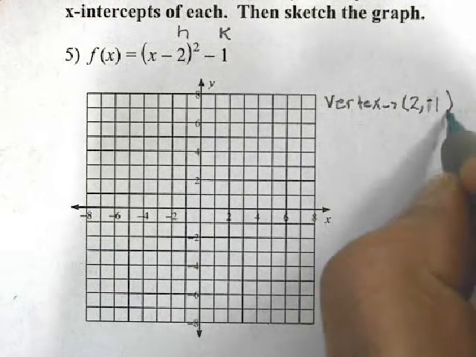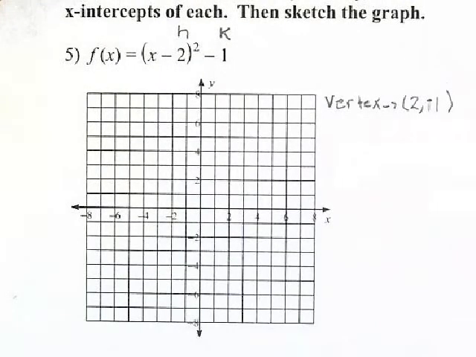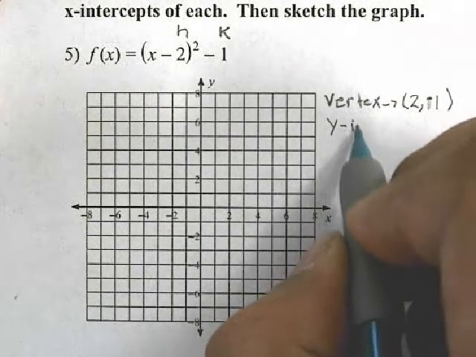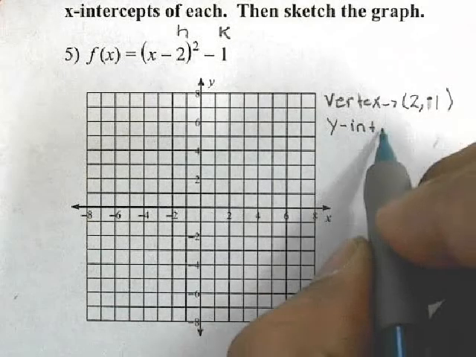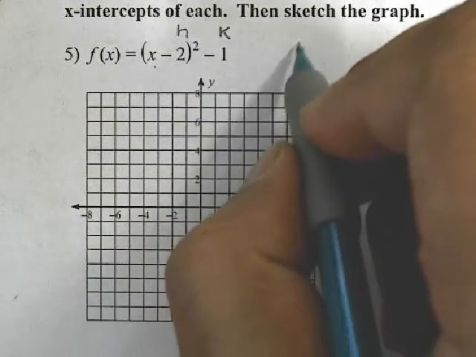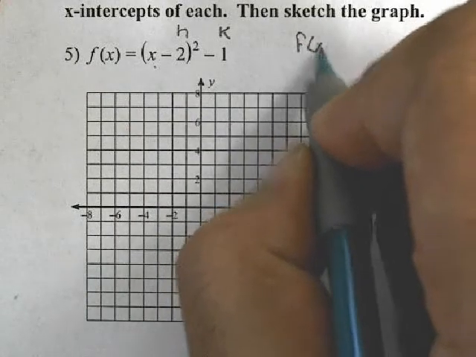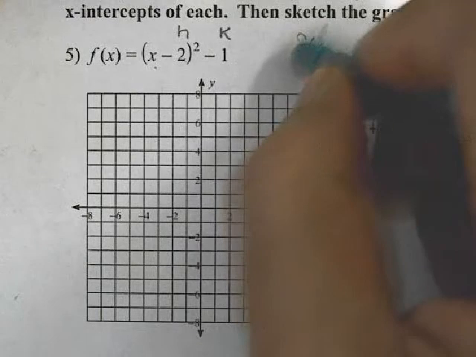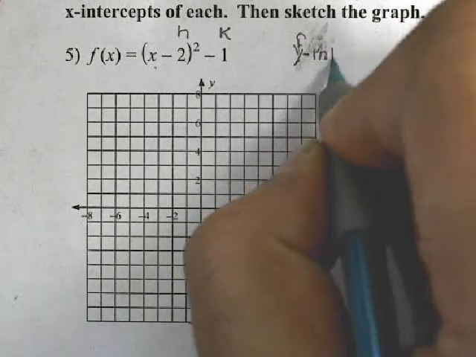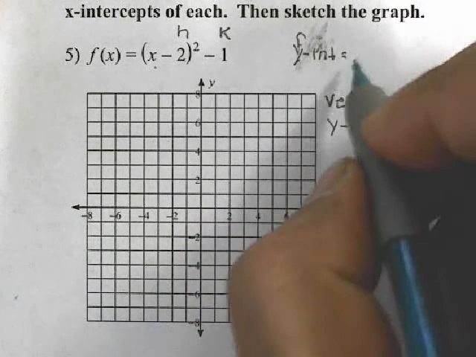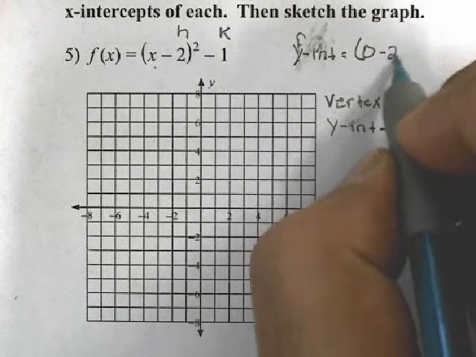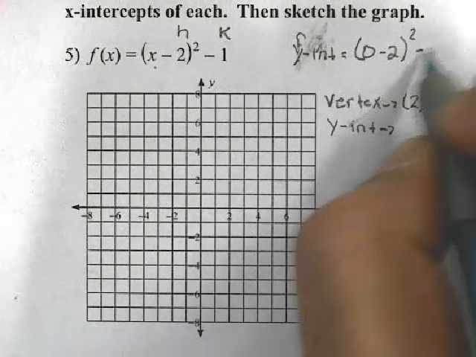That's your vertex. Now, to find the y-intercept, substitute 0 in for x. So the y-intercept is equal to (0 minus 2) squared minus 1.